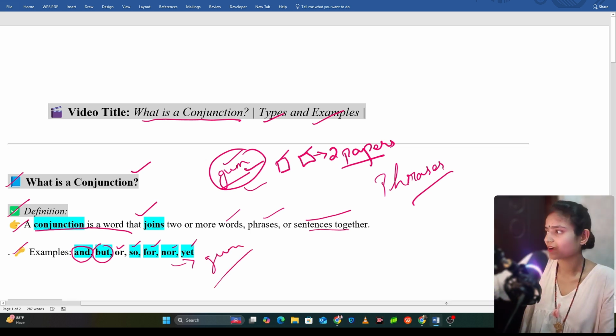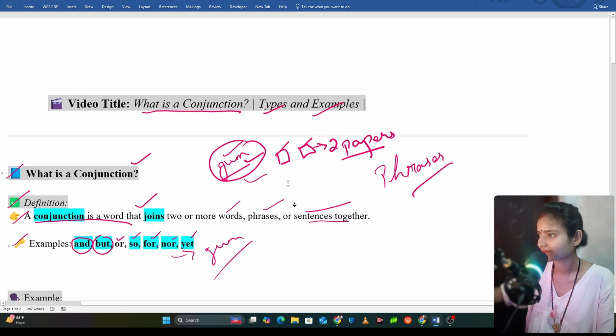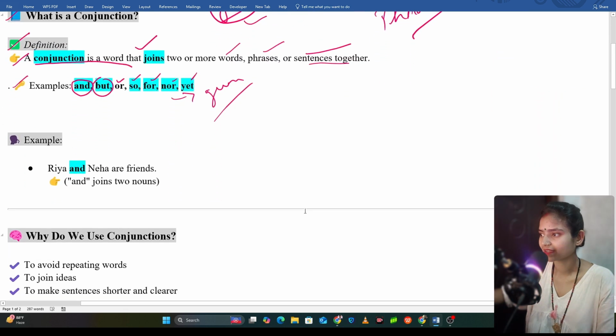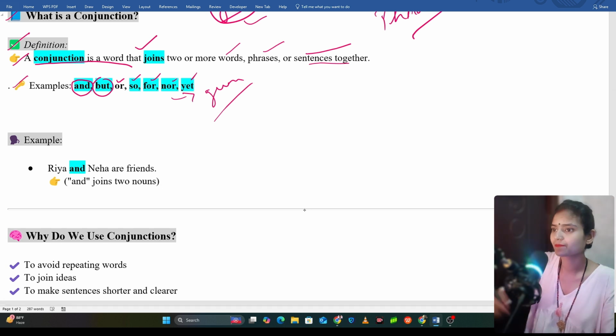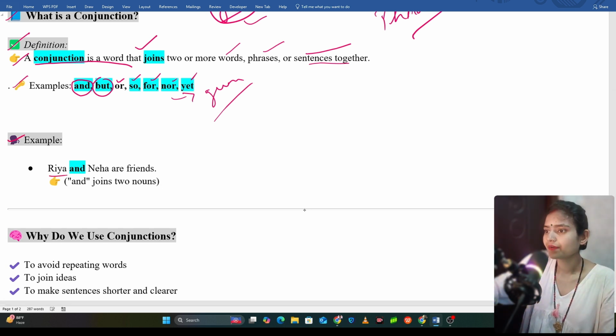All right, now let's move on. See the example here: Ria and Neha are friends. Where is the conjunction here? The conjunction here is 'and'.